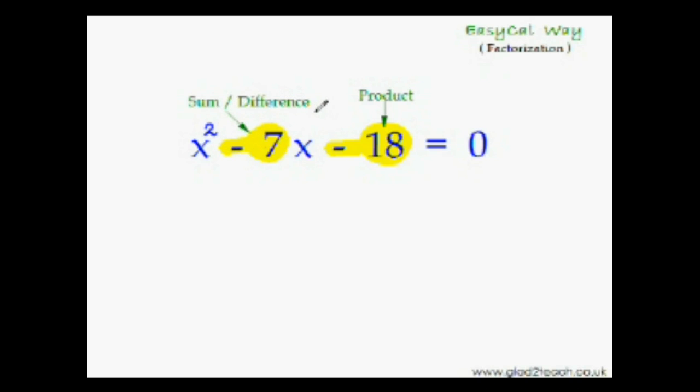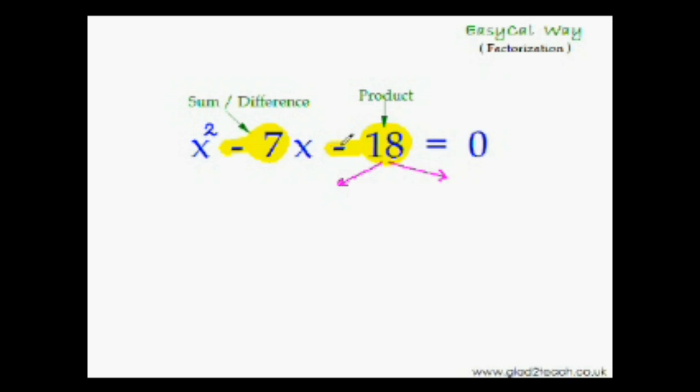So all we have to do now is find two such numbers whose product is minus 18 and whose sum or difference is minus 7. And we can do that very easily by starting from here. So what are the two factors of 18 whose sum or difference is 7?